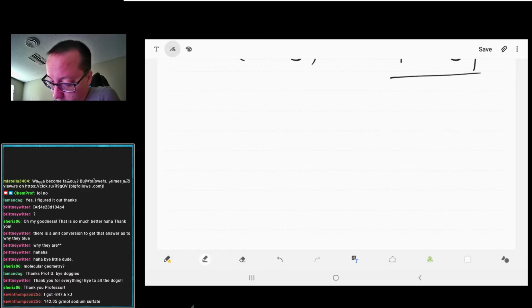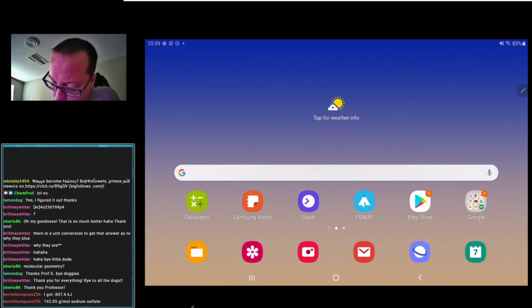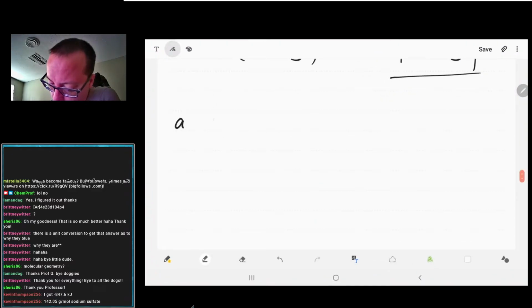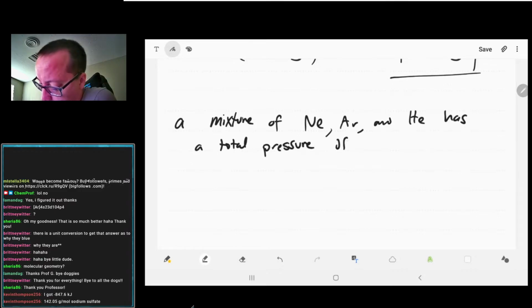A mixture of neon, argon, and helium has a total pressure of 6.74 atmospheres.